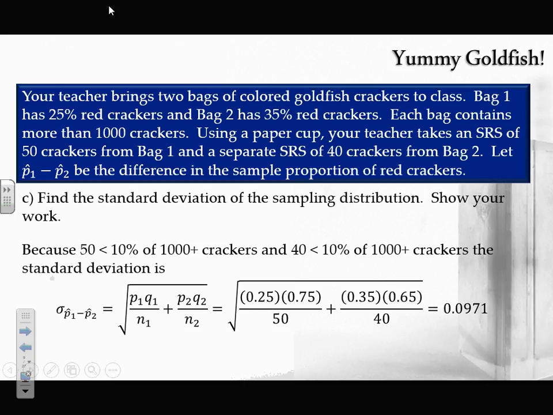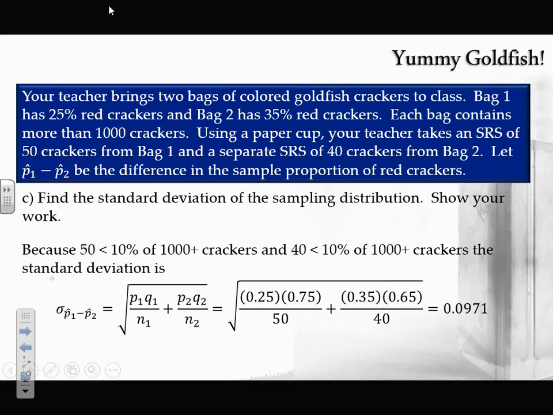So 25% times 75% over 50, and then 35% times 65% over 40. So I add those two values together and then take the square root of that result. And so we end up with a standard deviation of 0.0971. That's always add, right? You always add. Always add them, no matter what. So PQ over N plus PQ over N, square root. Good there?